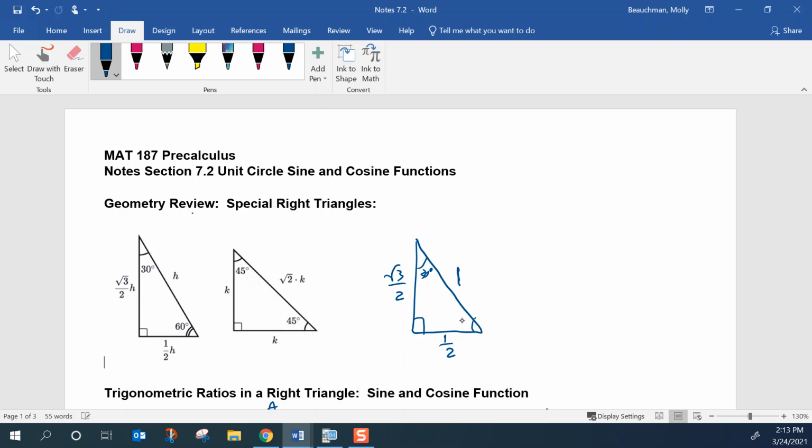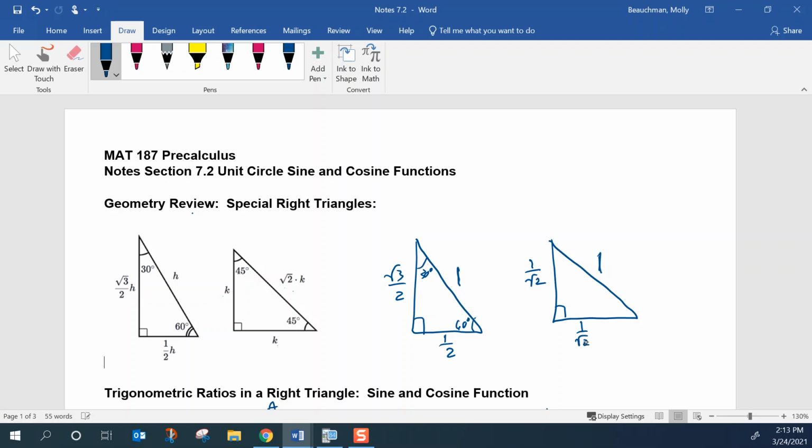The other special right triangle is called a 45, 45, 90 triangle, where two sides are the same length. And if the two sides are the same length k, then the hypotenuse is the square root of 2 times k. If the hypotenuse is 1, then finding the lengths of the two sides, you would divide by the square root of 2. So either side would be 1 divided by the square root of 2.